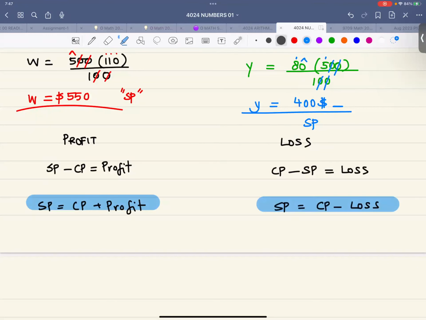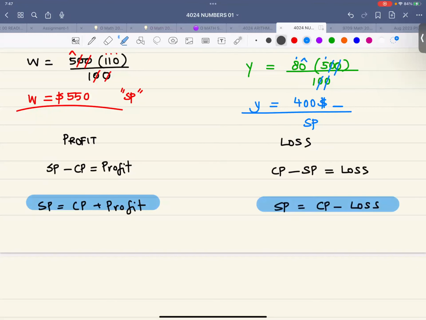Now, to make life easier, I'll just explain it using one method, and that is the ratio method. I'm focusing on worked example 5 of the series. Let's say I have the cost price unknown.